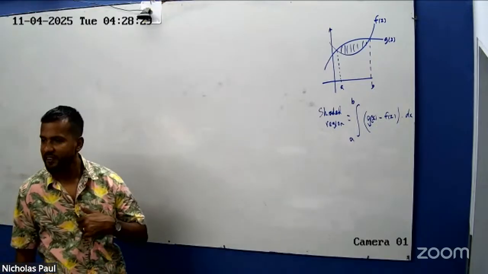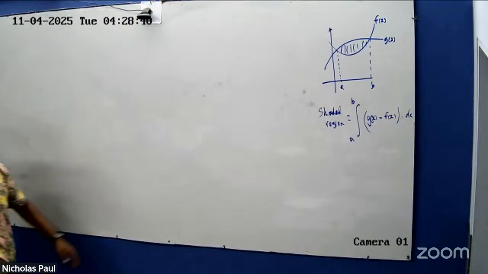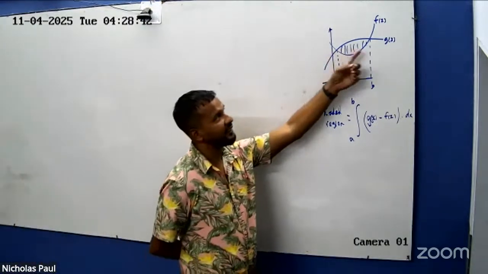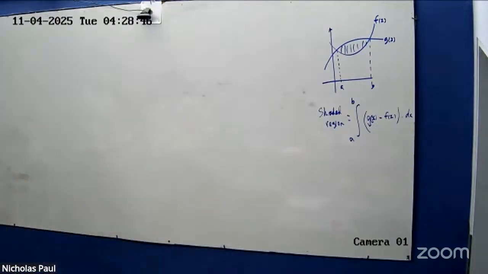Suppose this is step one. So suppose I give you g and f, right? And you say find the area. But they give no limits. What do you do? Then give you this and this value here. What do you do? No limits. What would you do?